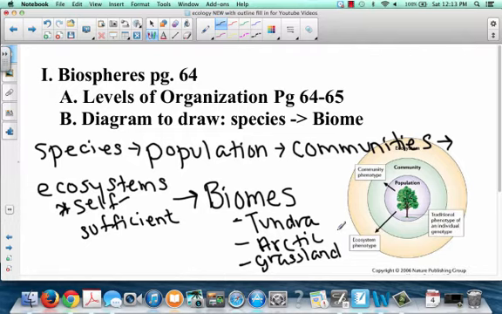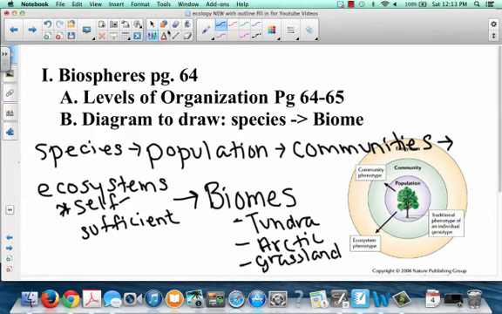But one thing I do want you to know is that biomes are the most general, and they include many different species, whereas the word species equals just one. So I want you to write underneath species in red that this is very, very specific.